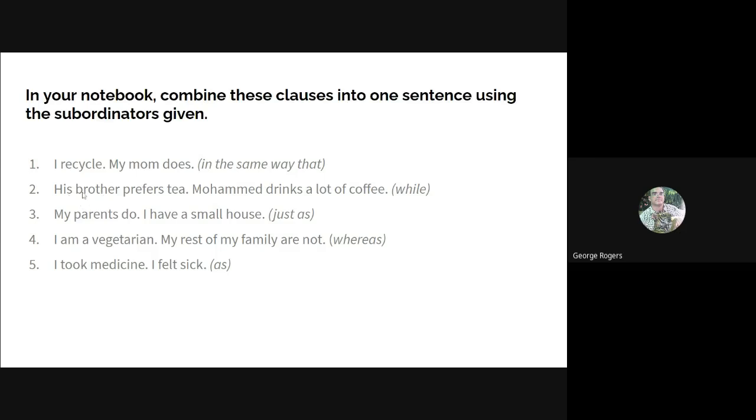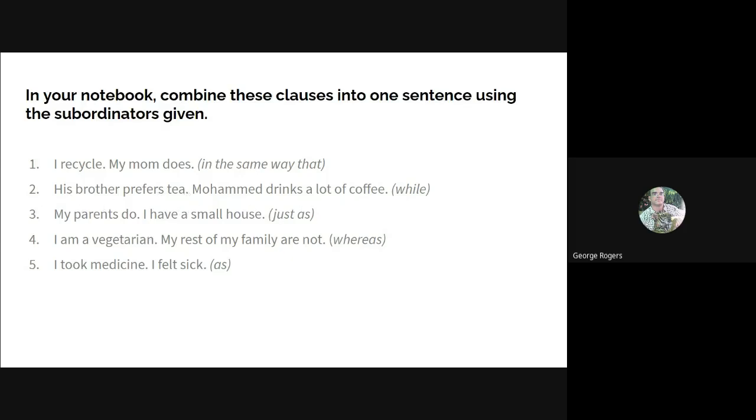Some information is missing here. So this is really the standalone sentence, the independent clause. Muhammad drinks a lot of coffee. We're not really missing things there, but with this one, when we say brother, who are we talking about? So if you put it in this order, you'd say, while his brother prefers tea, comma, Muhammad drinks a lot of coffee. Or you could say, Muhammad drinks a lot of coffee while his brother prefers tea.